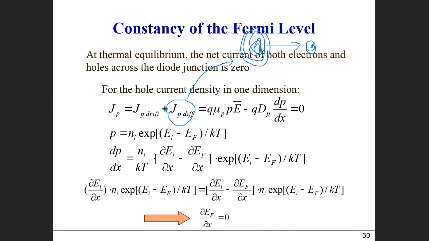So when the high concentration of holes moves to the low concentration, the first part is, again, we're starting with a Q. So a hole is a positive Q. And then D_p represents the diffusion coefficient. So in other words, how fast they are diffused. This amount is determined by the diffusion coefficient.